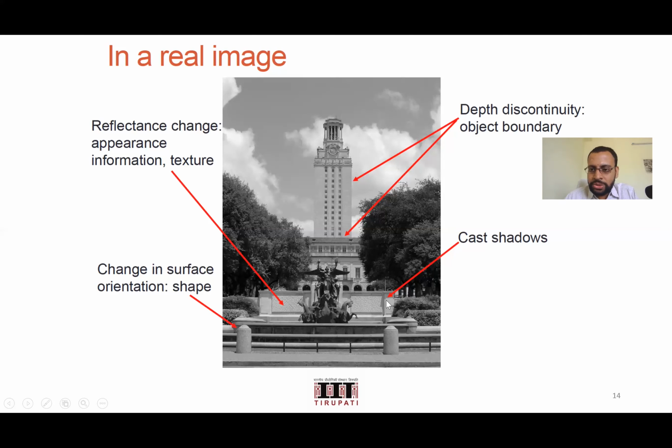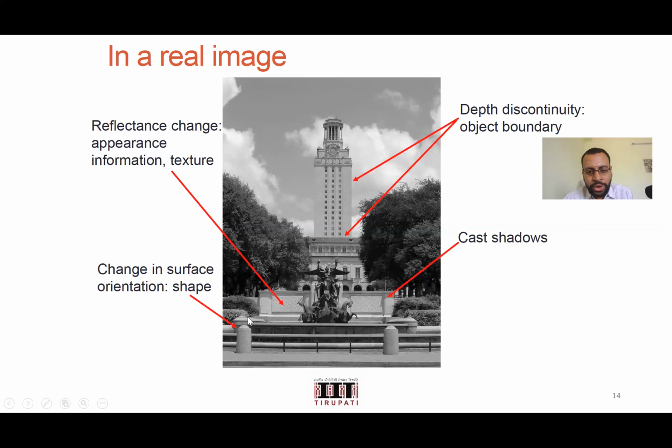Then shadows are variations in the intensity. See here, this structure is actually projected forwards, but because the sun is somewhere around here, you could see a shadow here, that's again contributing to edges.